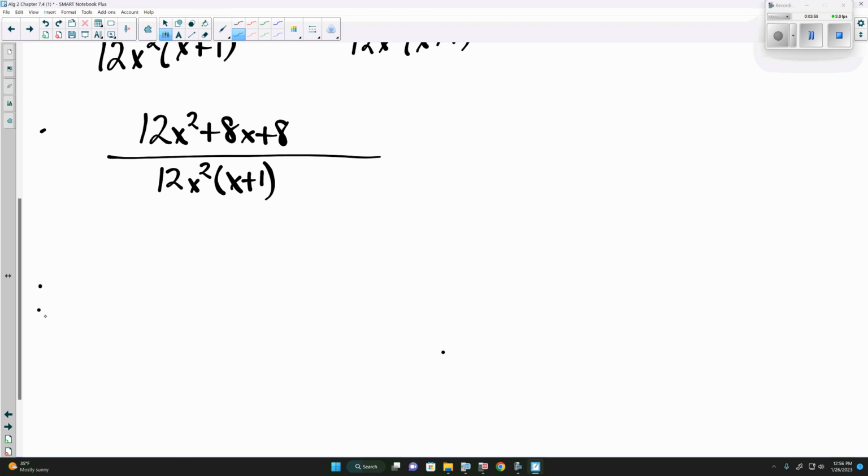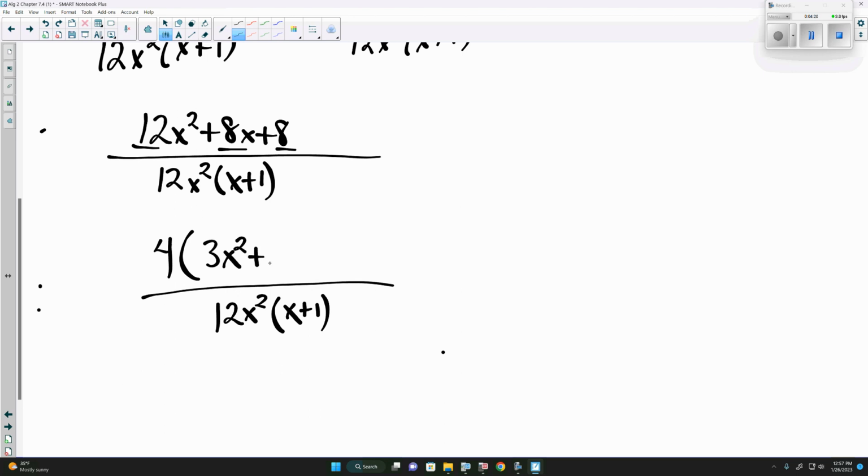Now the numerator, 12x squared, 8x, and 8, is their greatest common factor? 12x squared, 8x, and 8? 4. 4 will go into all three terms. If we factor 4 out of 12x squared, we get 3x squared. Plus, if I factor 4 out of 8x, we have 2x plus 2.